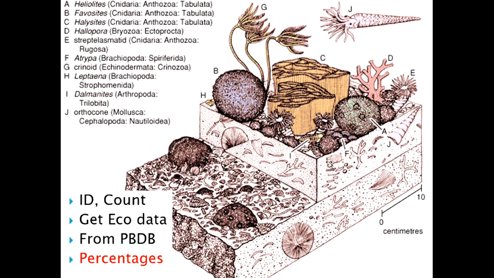Then what do you do? Well, then you can calculate the percentages. The percentages of mobile creatures I have, the percentages of stationary creatures, the percentage of epifaunal versus nektic creatures, the percentage of suspension feeders versus deposit feeders.